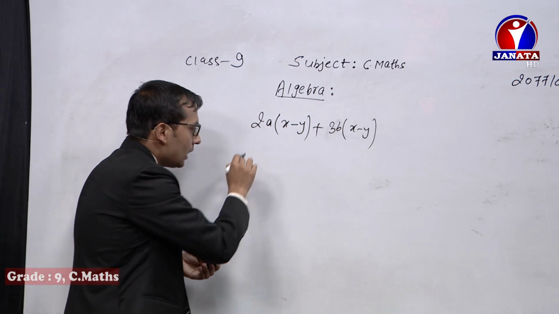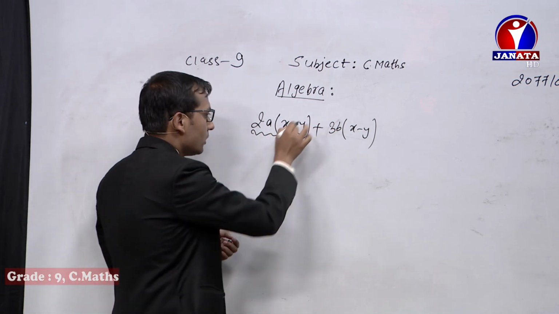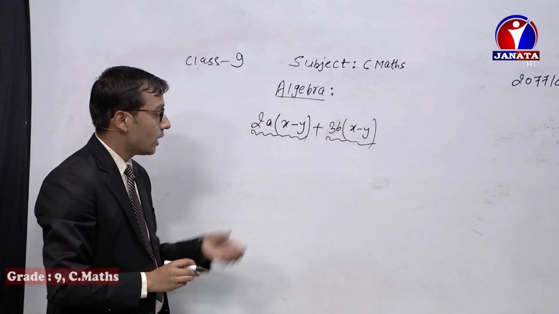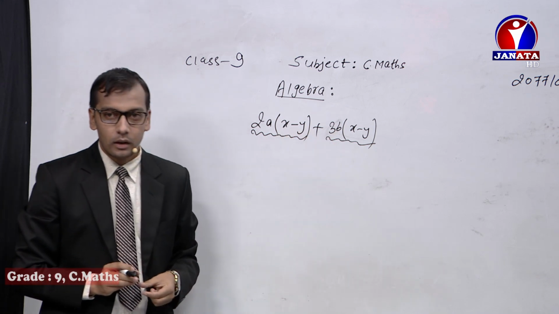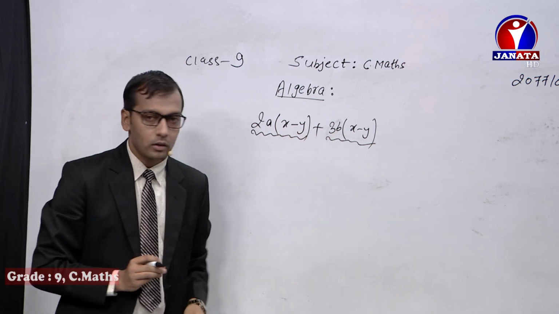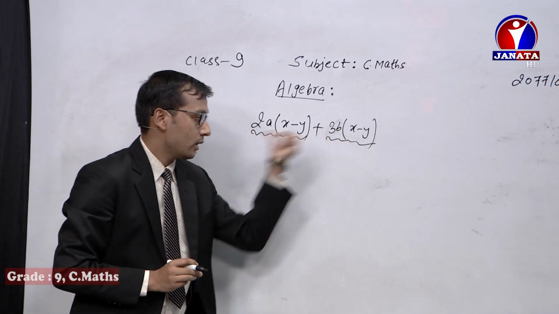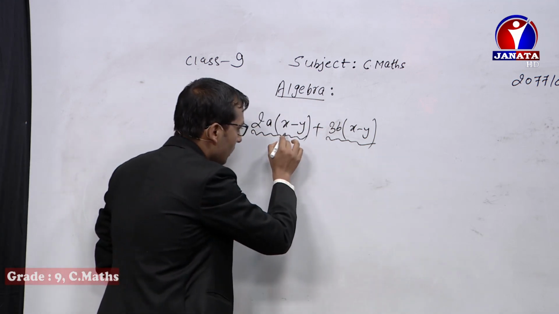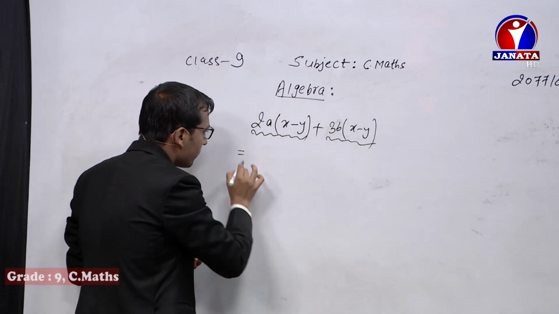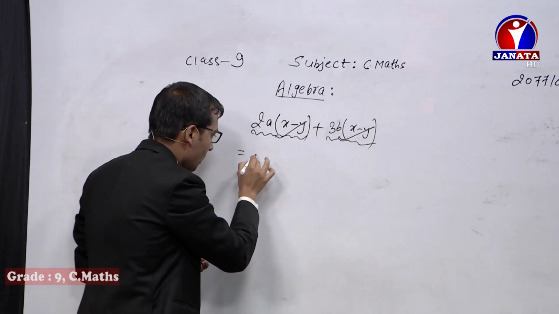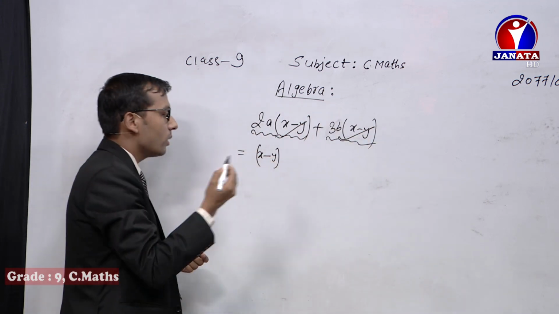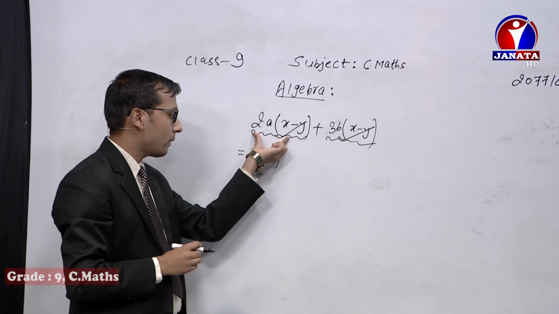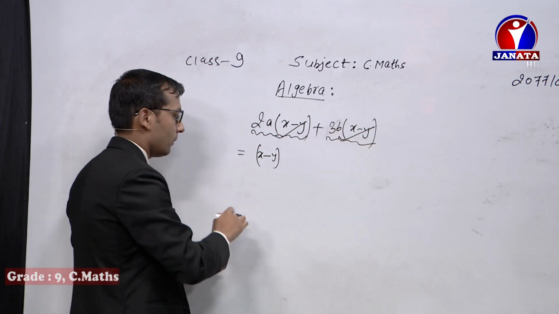Here are two groups. If we consider this is the first term and this one is the second term in the algebraic expression, x minus y is the common factor from the first and second term. So we can factorize this expression by taking x minus y common.